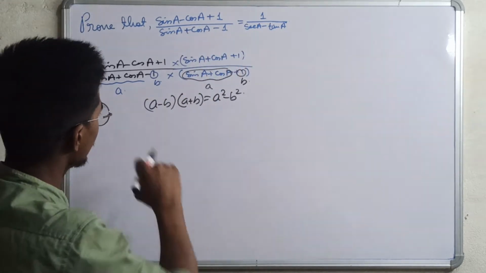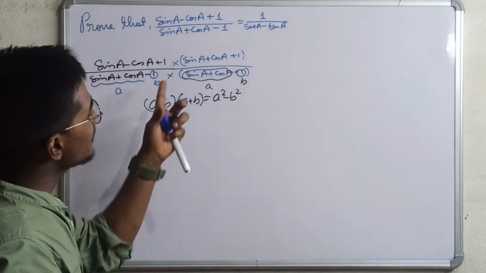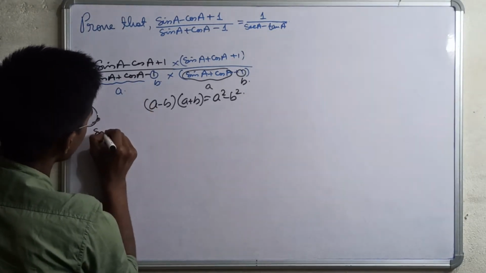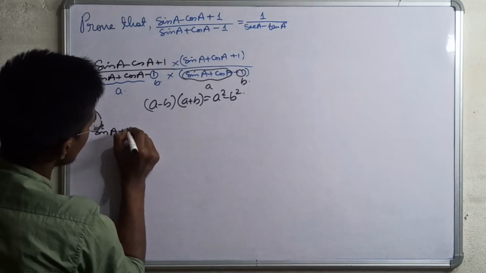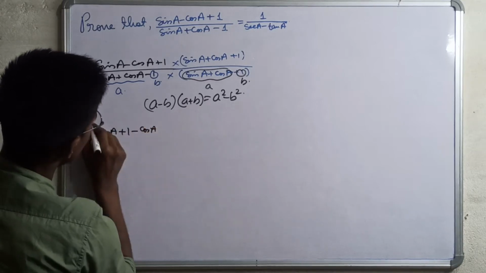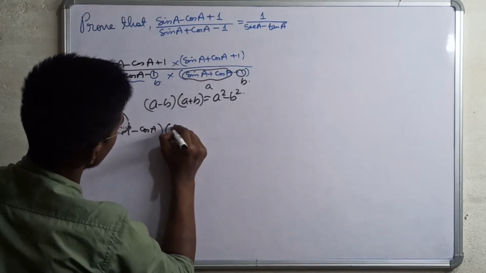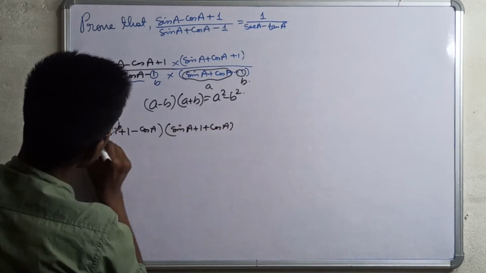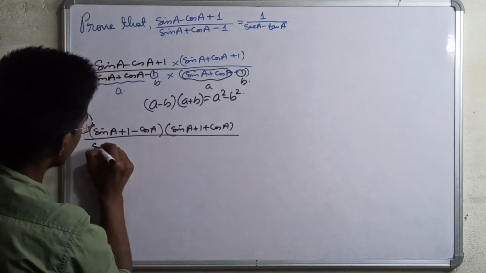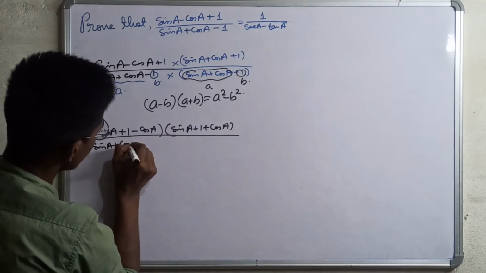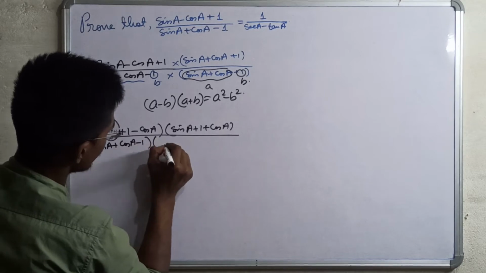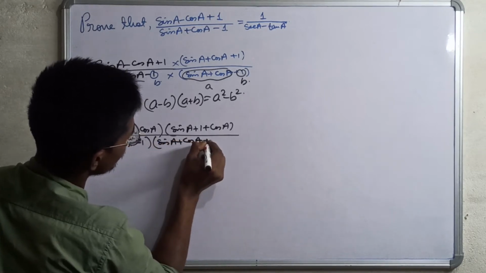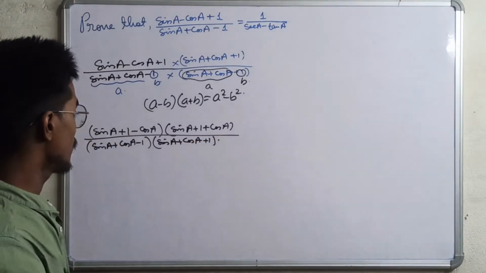We can also be a bit more rational while solving the numerator. You can bring it as sin a plus 1 minus cos a, and this term as sin a plus 1 plus cos a. In the denominator we have, as it is, sin a plus cos a minus 1 into sin a plus cos a plus 1.